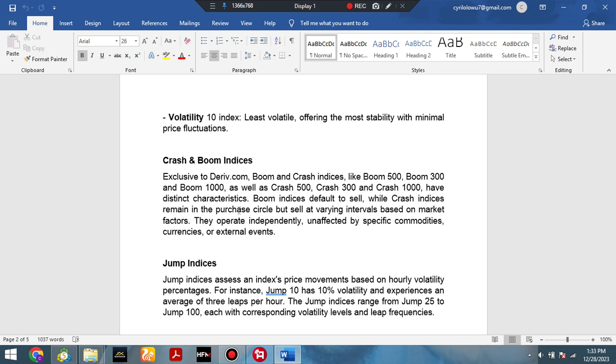While the crash indices remain in the purchase cycle, they sell at varying intervals based on market factors. They operate independently, unaffected by specific commodities, currencies, or external events.